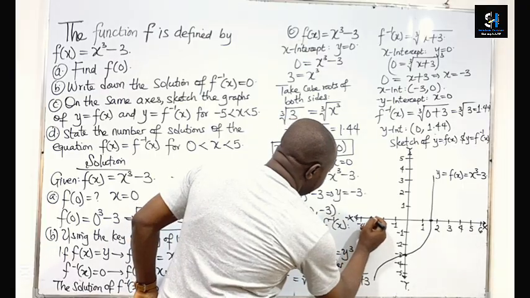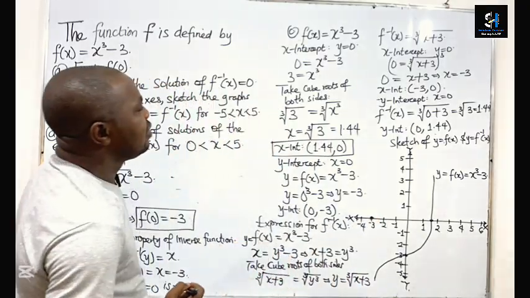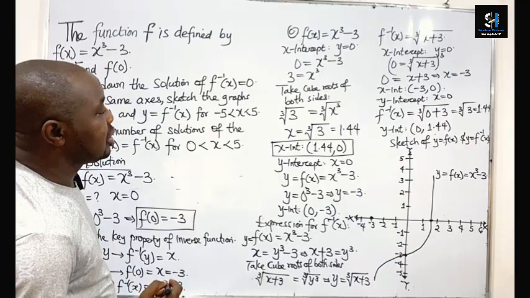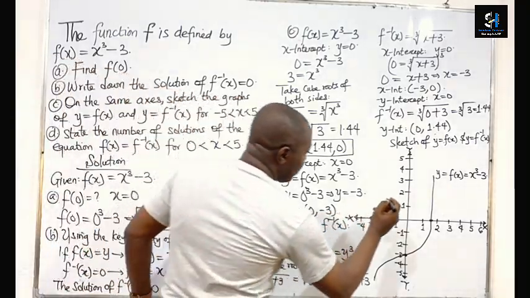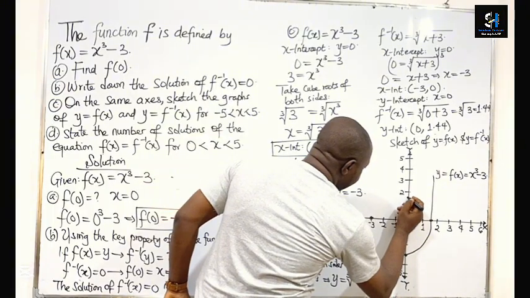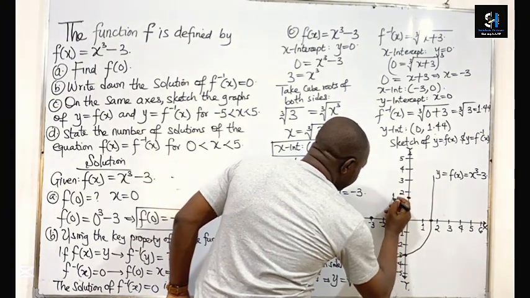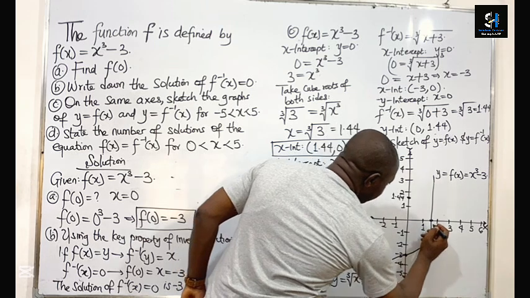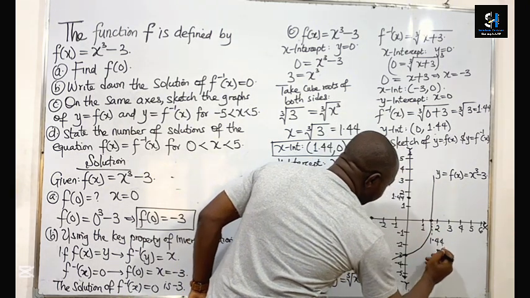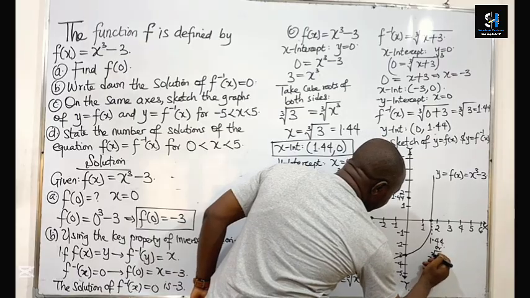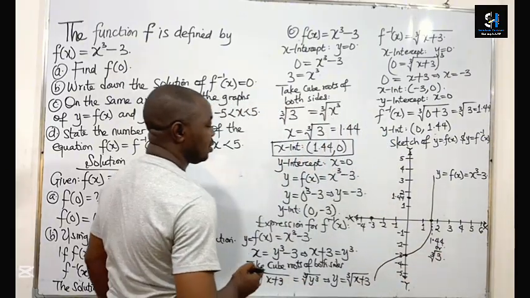Then when the value of x is 0, y is 1.44. This is also 1.44, or cube root of 3.